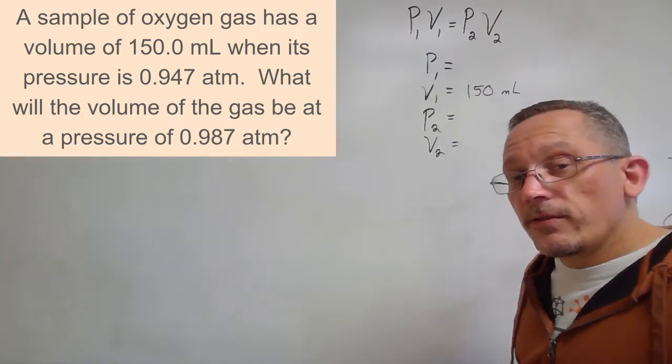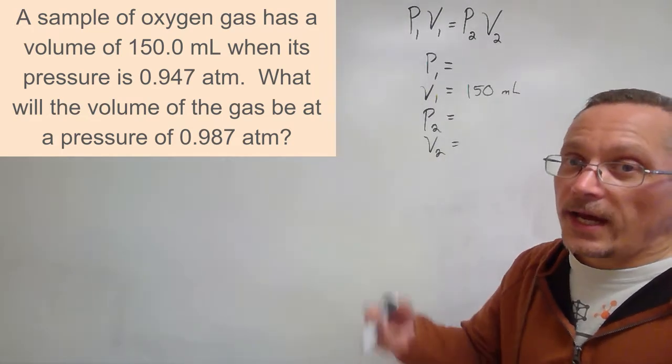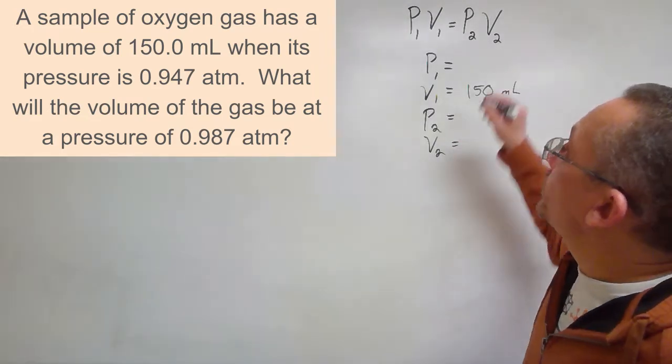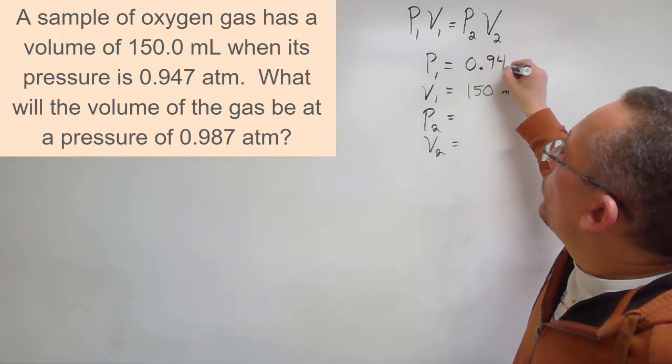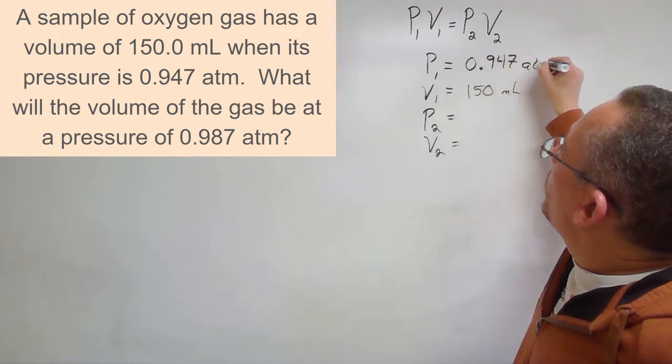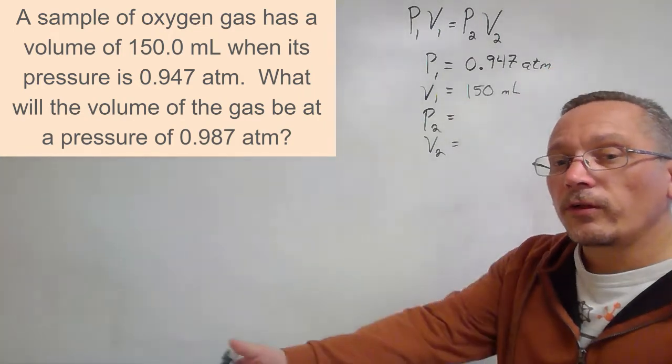It said the volume was 150 milliliters when the pressure was 0.947 atmospheres. So that is the pressure that goes with it, 0.947 atmospheres. Then it says, what will the volume of the gas be?